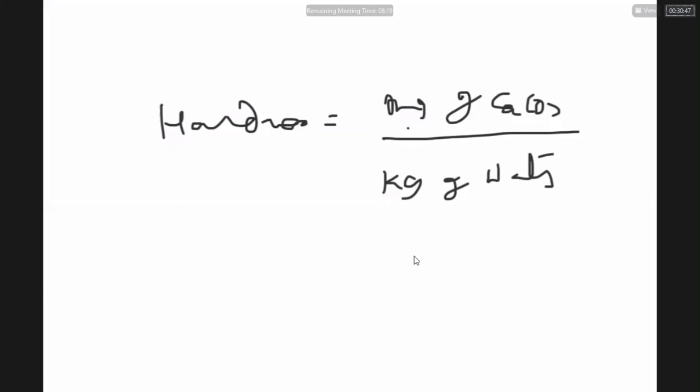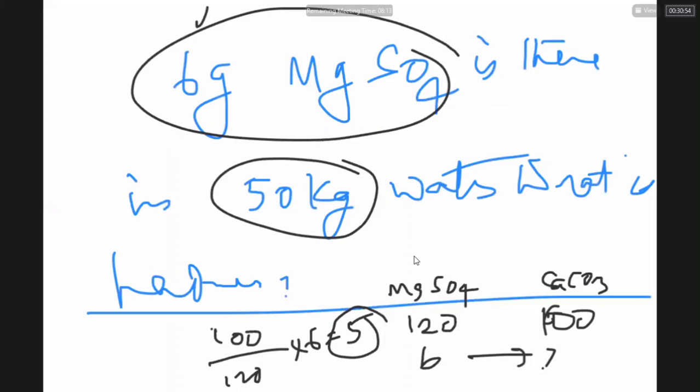In the problem we have just solved, how many milligrams of CaCO3 is there, sir? 5. How did you get 5? Molar mass of MgSO4, 120, is equal to 100 CaCO3. 6 grams of MgSO4 is equal to how much CaCO3? You can work it out to be 5.